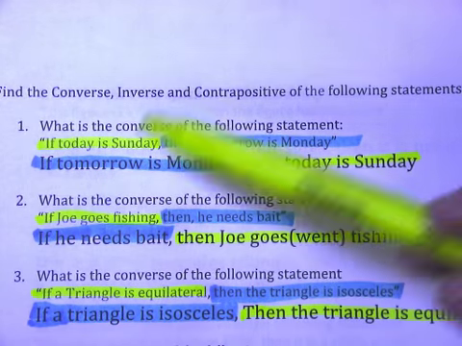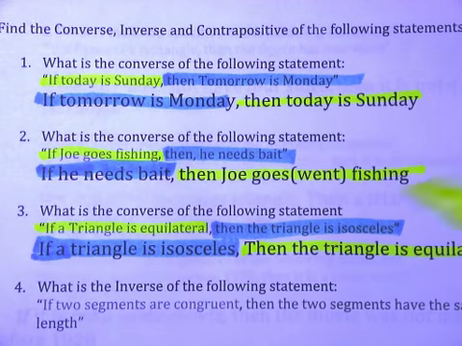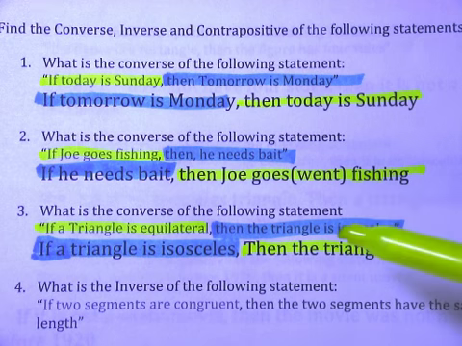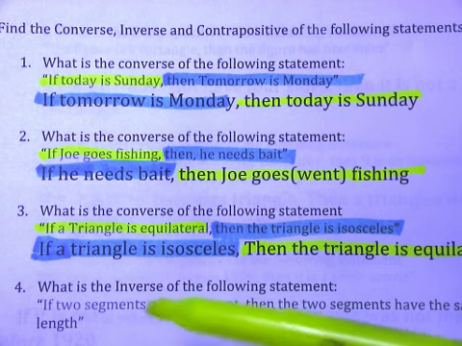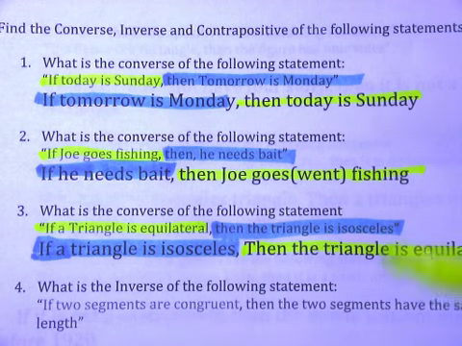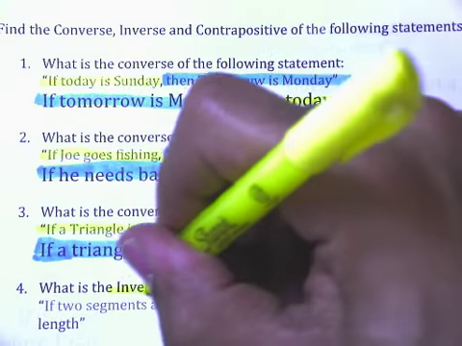So far for the converse, all we have to do is switch the hypothesis and the conclusion. However, some of you, when I checked your assignment, just kept doing that to all of them, and you forgot to read the instructions.